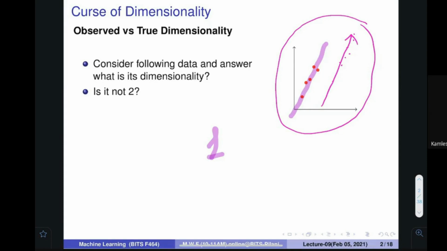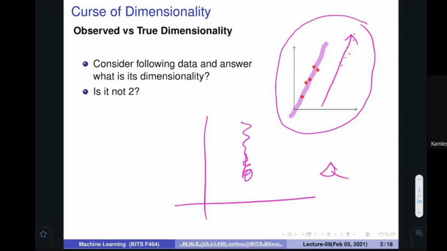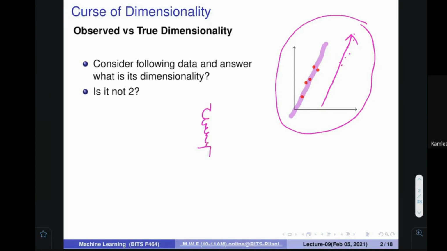Initially, when you have a problem and you want to collect data, you don't have any idea how the data is. For example, let's assume there is a spring with some item on it, and you stretch it and let it go, so it does SHM.